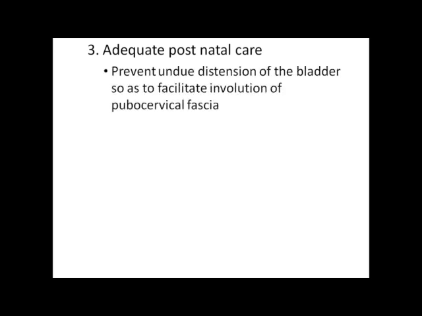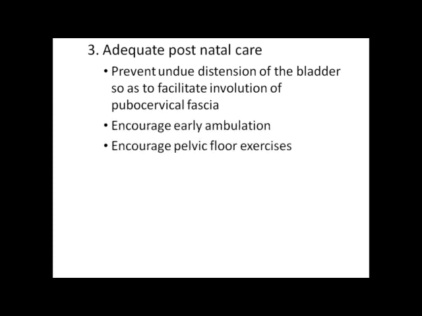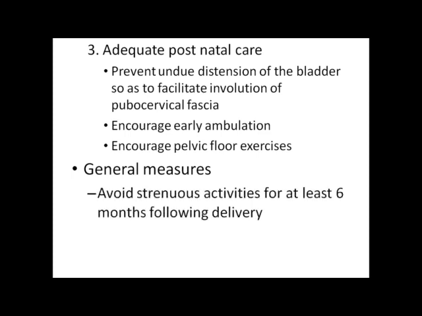Adequate postnatal care includes preventing undue distension of bladder so as to facilitate involution of the pubocervical fascia, encourage early ambulation, encourage pelvic floor exercise, general measures like avoiding strenuous activities for at least 6 months following delivery, avoid future pregnancy too soon.